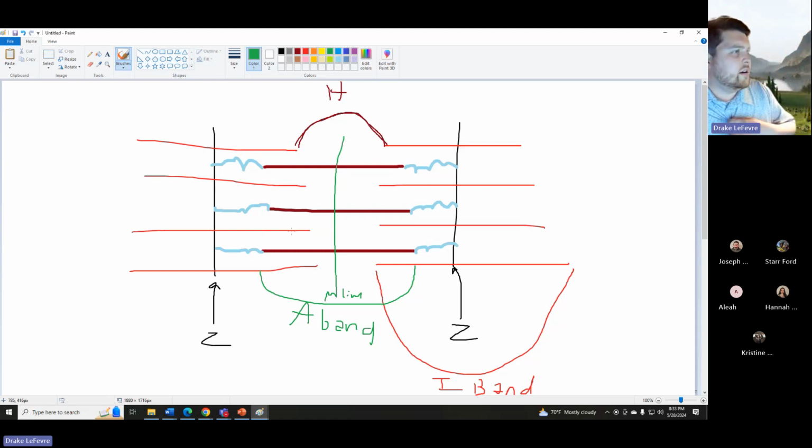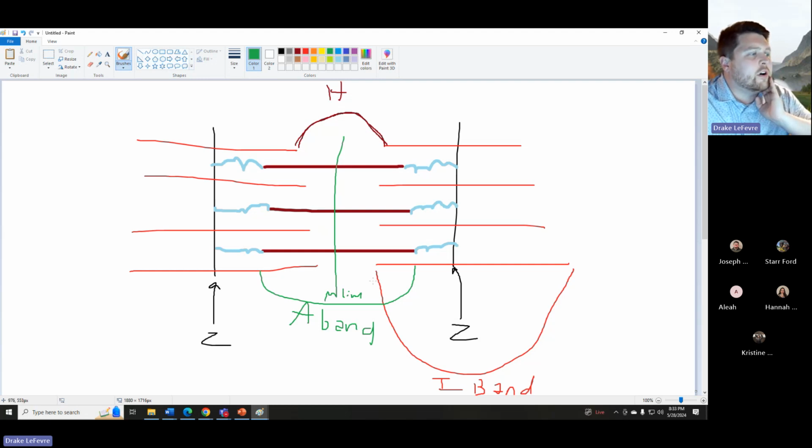Looking at this picture, how do we measure the sarcomere from where to where? Z to Z. Z to Z, good. And just another note, I don't know if he asked this question or not, but remember that the sarcomere is the functional unit of the muscle cell.